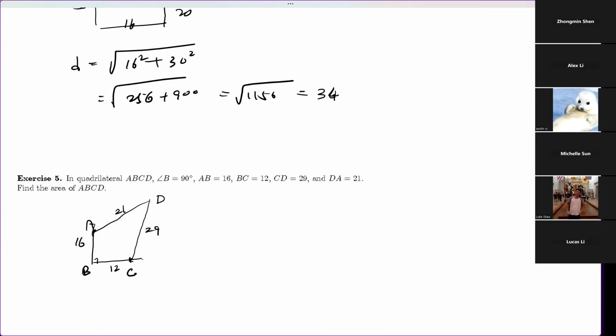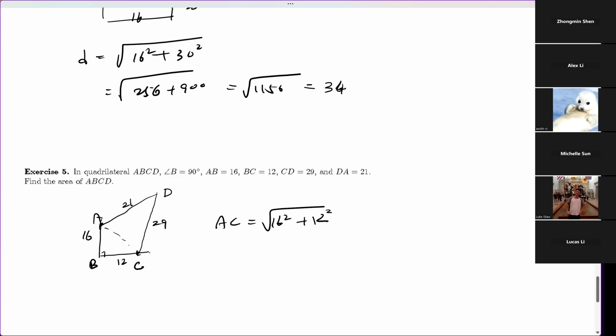Okay, and you want to find the area, right? So step one, by the Pythagorean theorem, you find AC. AC squared is 16 squared plus 12 squared, and that'll be 20 squared.